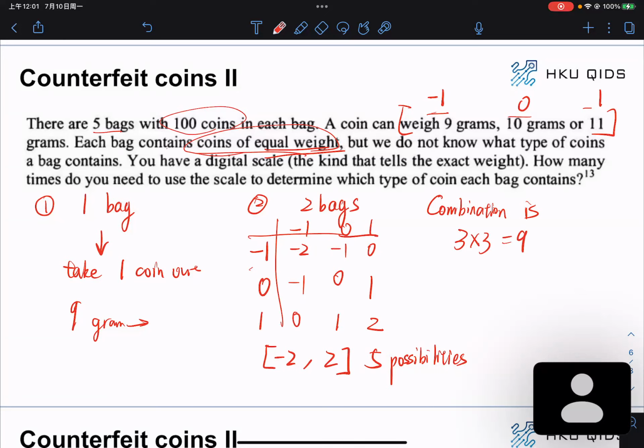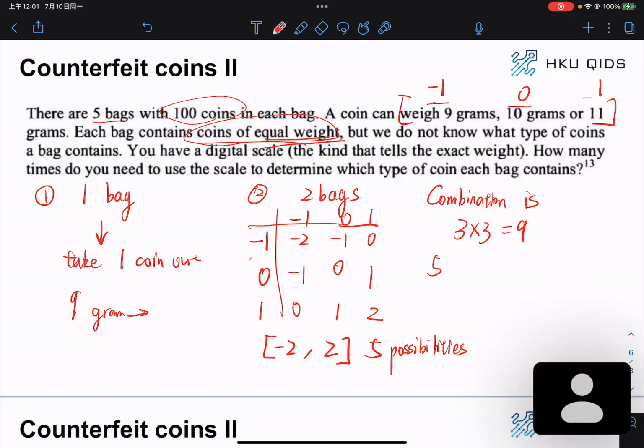Which means what? Because we only have 5 possibilities, and it is going to be 9, it's smaller than 9. So we cannot find our result by just taking 1 coin from each bag.